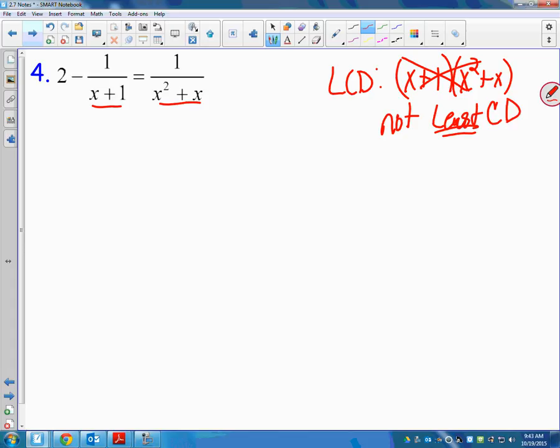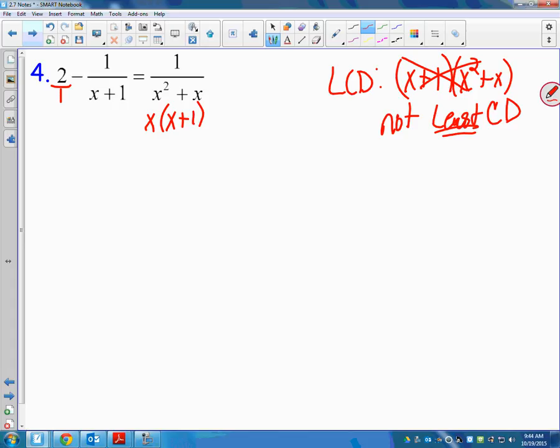So if you can factor your denominators, you have to do that first so that you can take out what they have in common. On this, what I always do is go underneath it and say, oh, I could factor this into x times x plus 1. So factor first.